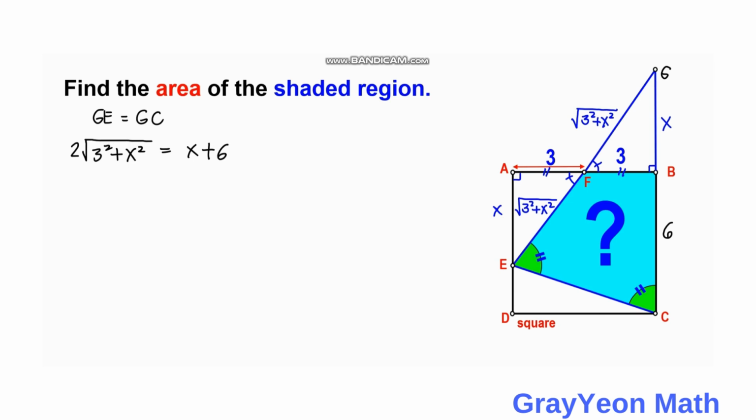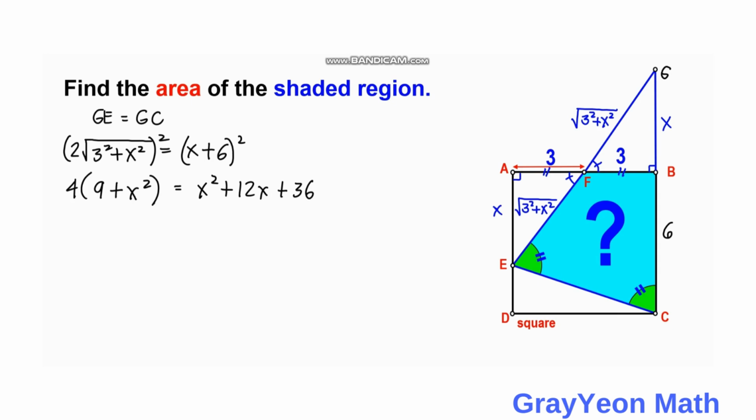Okay, so next is to solve this equation for x, so you can square both sides. So this becomes 4 times this, 3 squared plus x squared, the square root of that we square. So we have here 9 plus x squared. And squaring this binomial becomes x squared plus 12x plus 36.